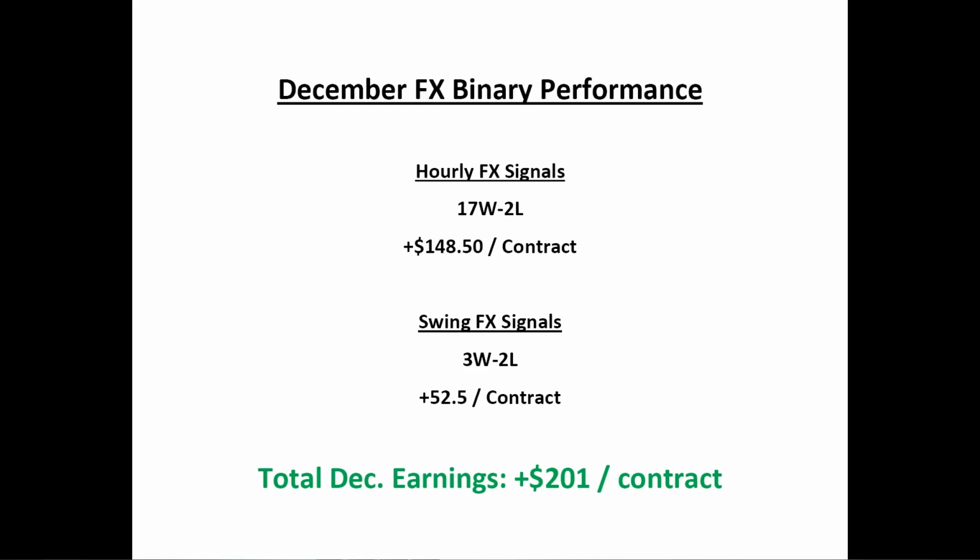Last month we went 17 and 2, and we ended up at $148.50 per contract. Yes, 17 and 2 is not 96%, but that is the lifetime rate of that signal. As with anything, some months are better, some months might be a little lower, but on average it's 96%.